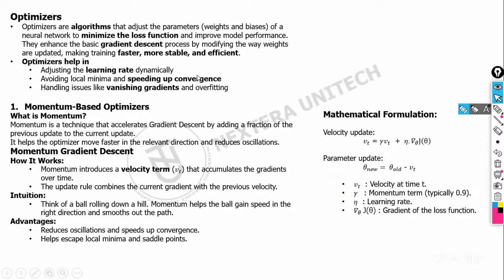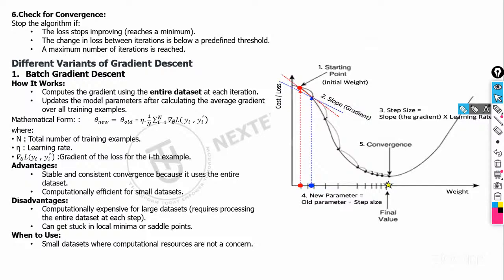So we'll discuss what is gradient descent. When you take weights on the x-axis, and cost or loss function on the y-axis, this is how we'll have the distribution.